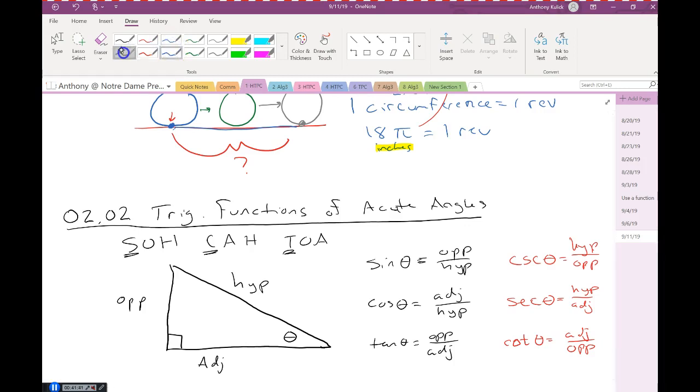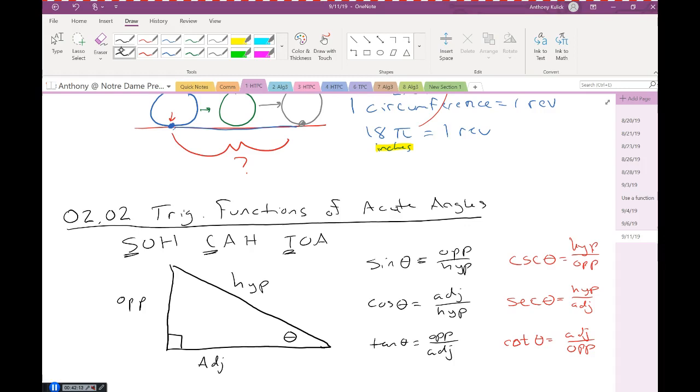Why do you suppose we call these the reciprocal trig functions? Because they're literally a reciprocal of one of our primary 3 trig functions, right? Cosecant is the reciprocal of sine, secant is the reciprocal of cosine, and cotangent is the reciprocal of tangent. The way that I remember this is that the "co"s don't go together.